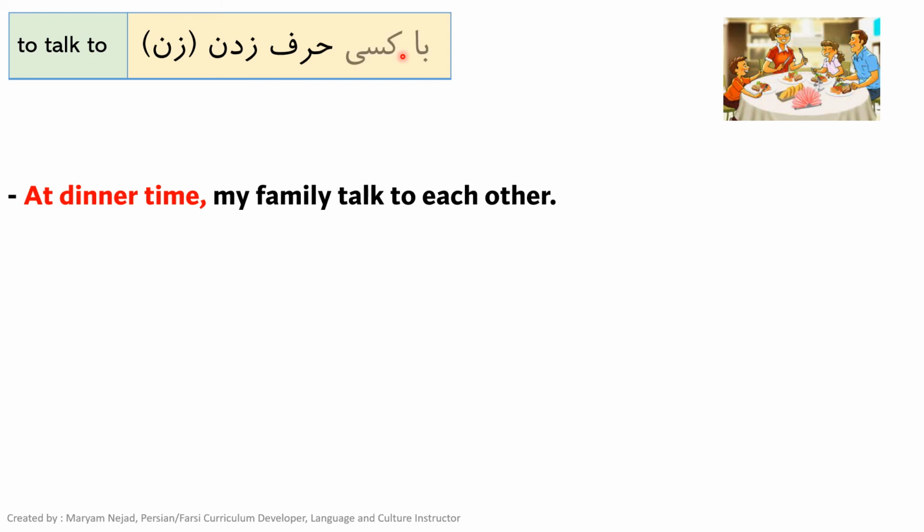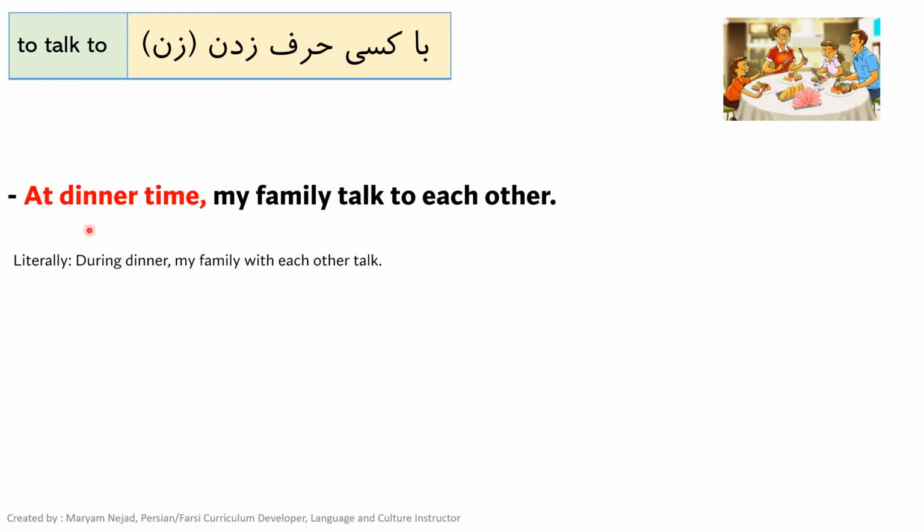We talk with someone. با کسی حرف زدن. And then کسی here would be each other. And then talk here is simple present tense. So here's the present stem to form simple present tense.